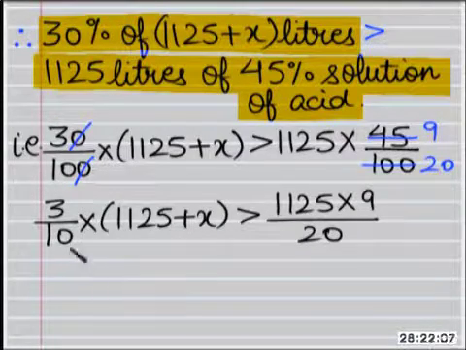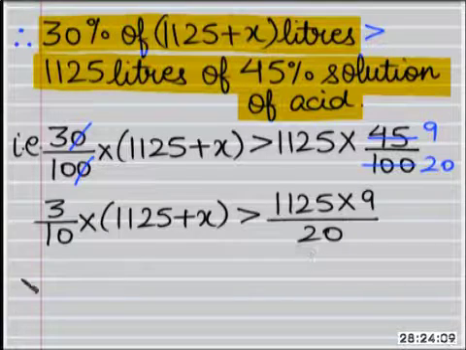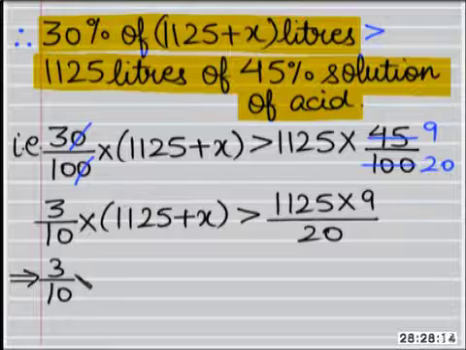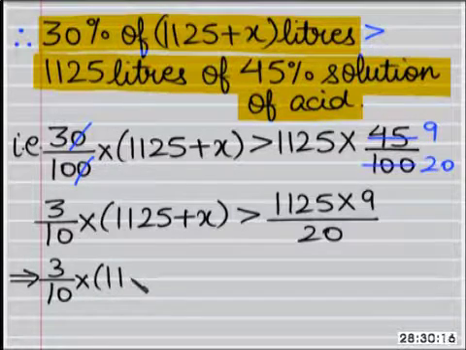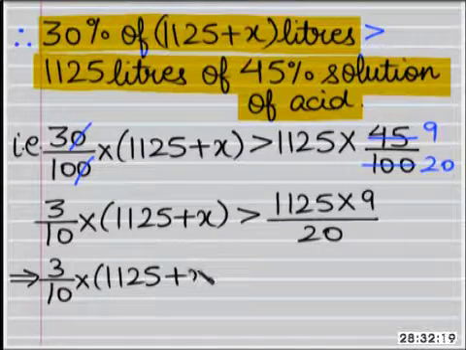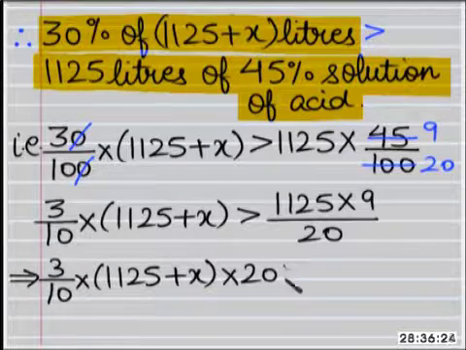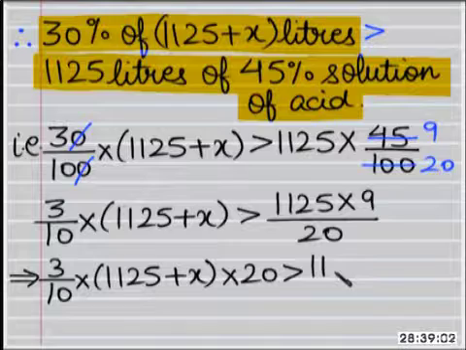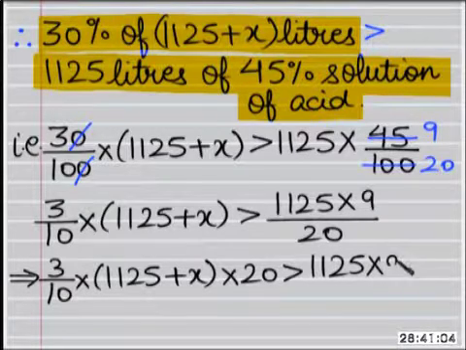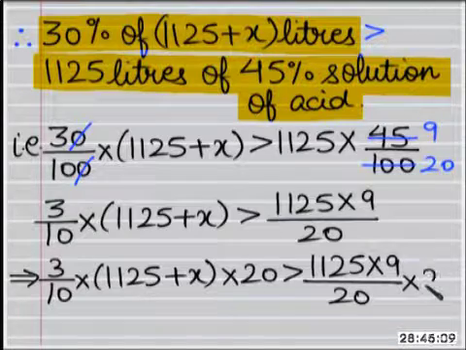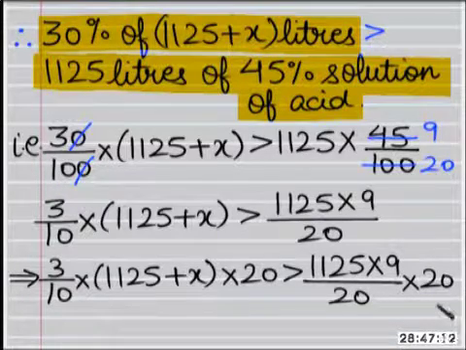Now, multiplying both sides by 20, we get 3 upon 10 whole multiplied by 1125 plus x whole multiplied by 20 is greater than 1125 into 9 whole divided by 20 whole multiplied by 20.